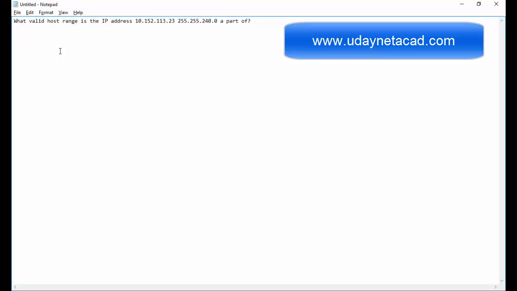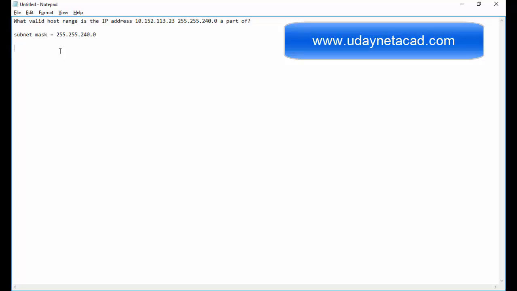We need to find the valid host range to which this IP address belongs. So what are we given? We are given the subnet mask 255.255.240.0. The first thing to determine here is the block size, the subnet block size.